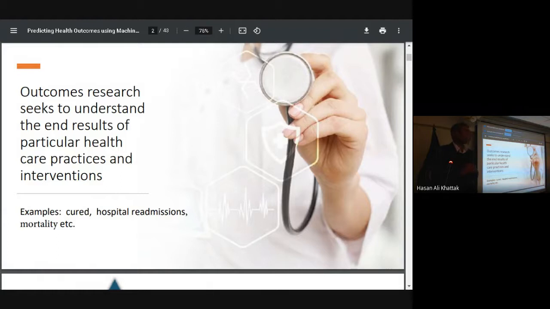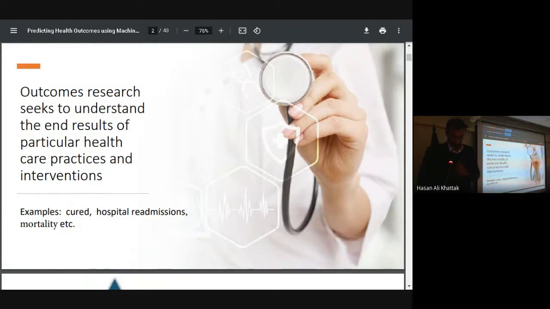What would be the possible outcomes of that hospital visit? We either get cured, and sometimes we need hospital readmission, and in the worst scenario, we will have mortality or death. Those are some examples of healthcare outcomes.